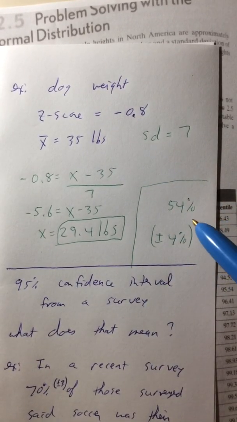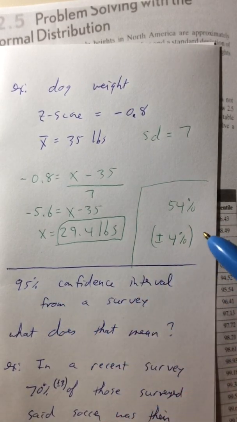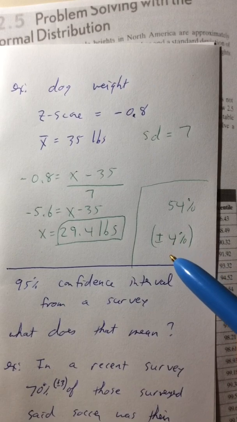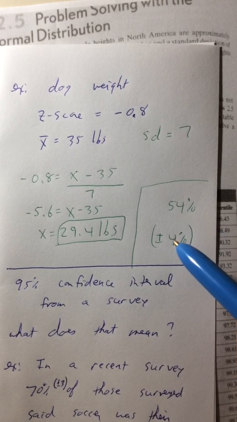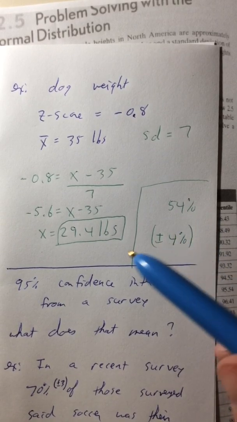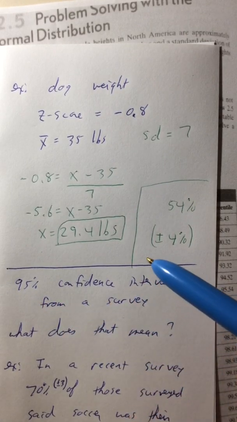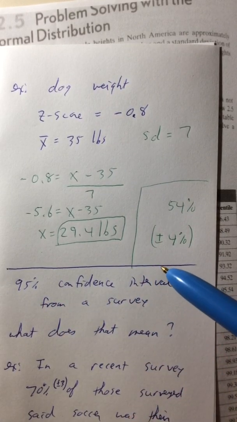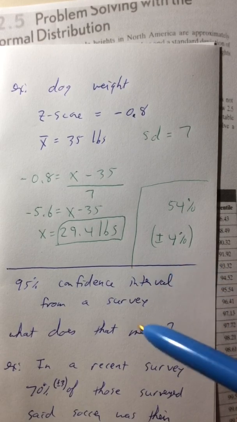So what that means is we are 95% certain that the real popularity of this particular candidate is somewhere between 54 minus 4, 50%, and 54 plus 4, 58%. So we are 95% confident that this candidate's real popularity is somewhere between 50 and 58%.